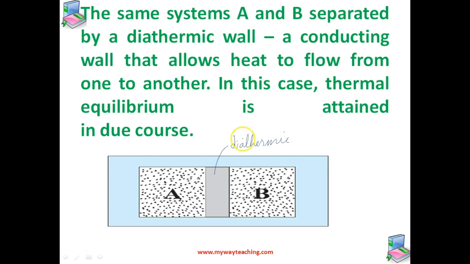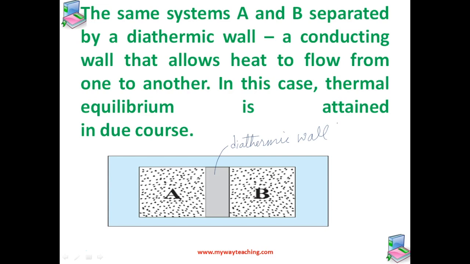Since this is a conducting wall, the macroscopic variables in containers A and B continuously change until they attain an equilibrium state. After that, there is no change in their states.